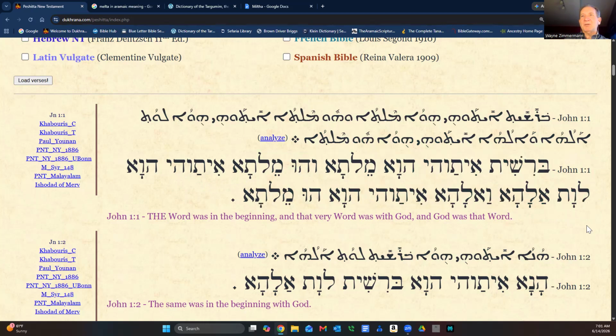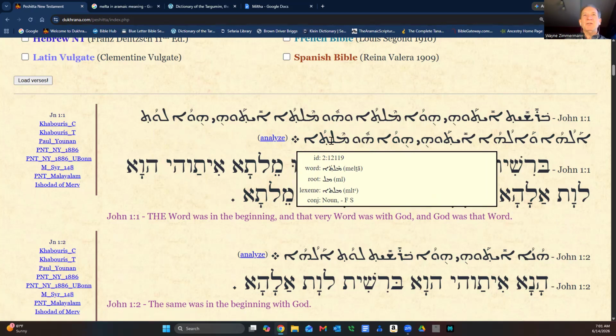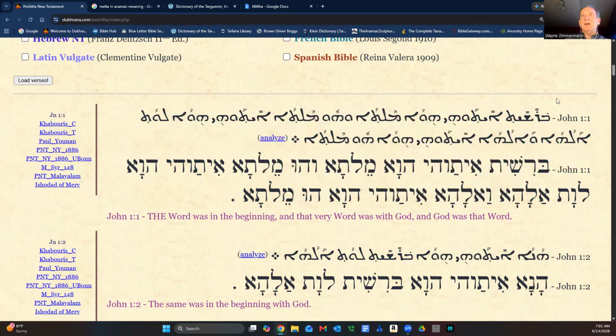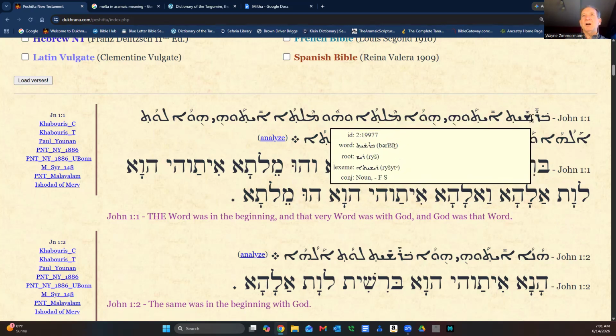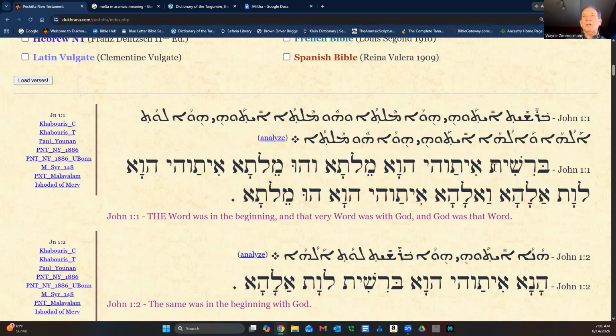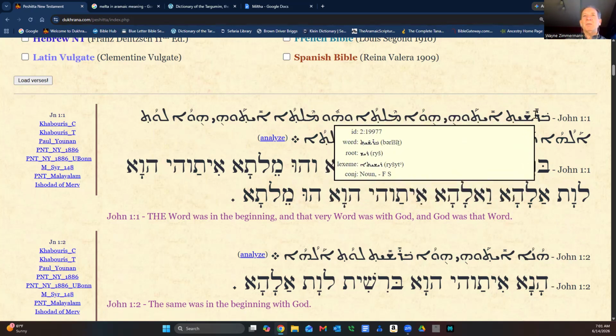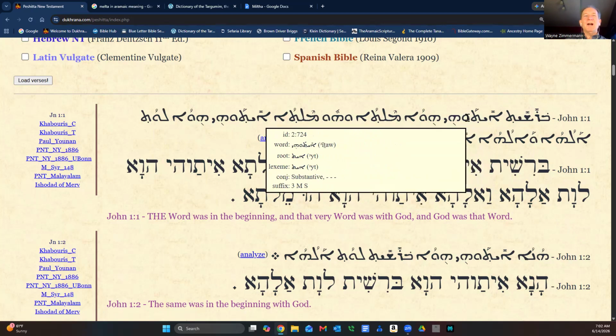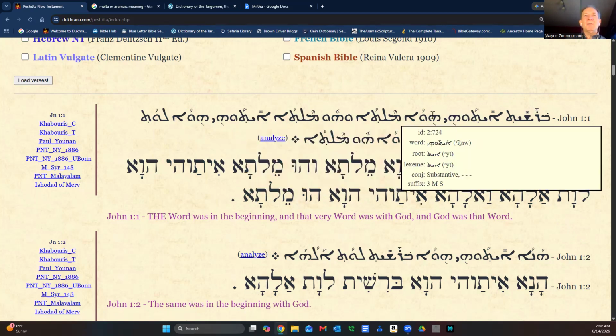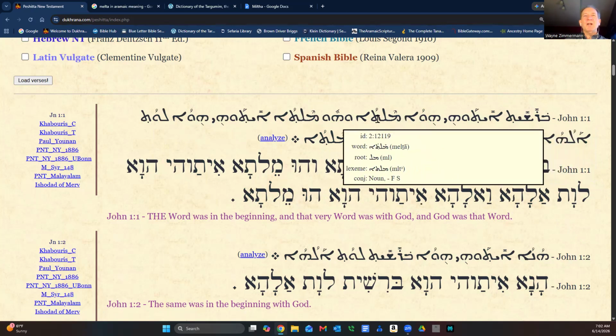And of course, unless you are learned in the characters, you wouldn't quite know which one to go to, but that's where this button called Analyze comes in. There's also, you can see as I hover above this in the Aramaic script, it doesn't work over the Hebrew letters, but it does over the Aramaic, that you hover above it and it gives you an ID number, it gives you the root number, and it helps you to look at it this way.